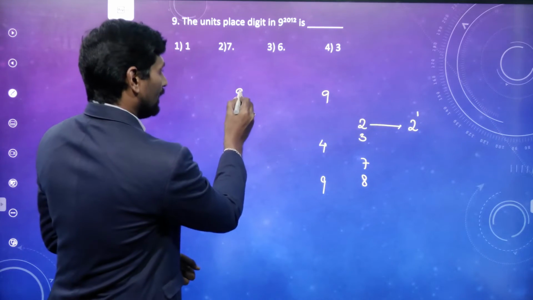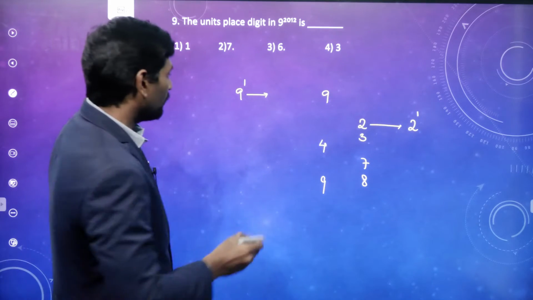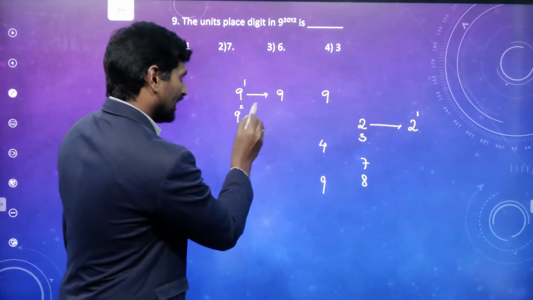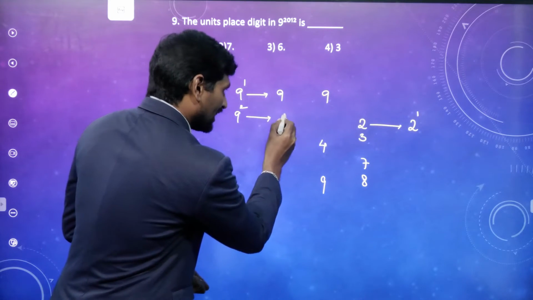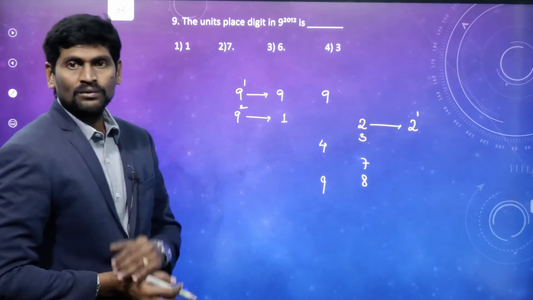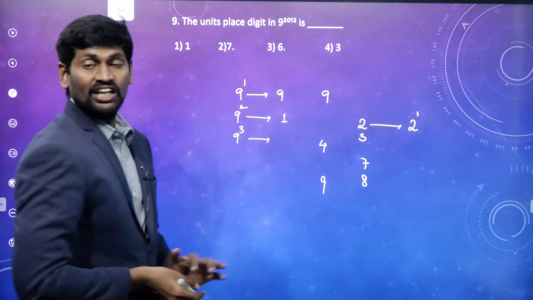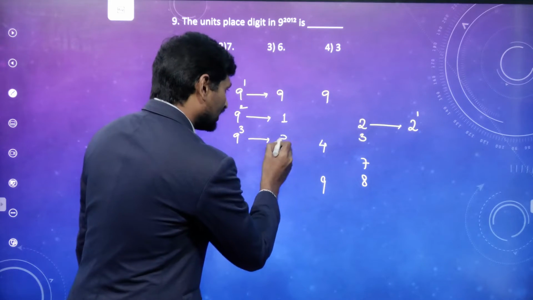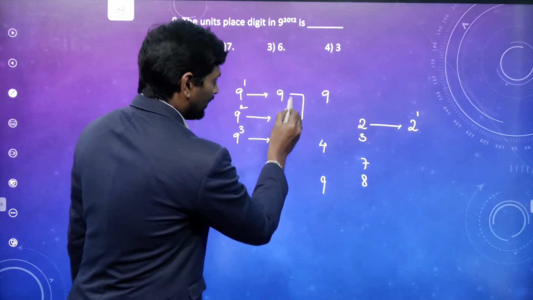Let us see. What is the value of 9 power 1? 9 power 1 means 9. 9 square means 81. 9 nines are 81, so it ends with unit digit 1. 9 cube value is 729, so the unit digit is 9. See, only 2 terms it is following.